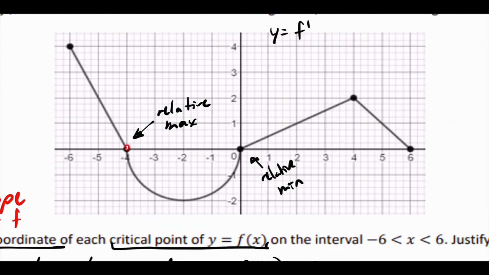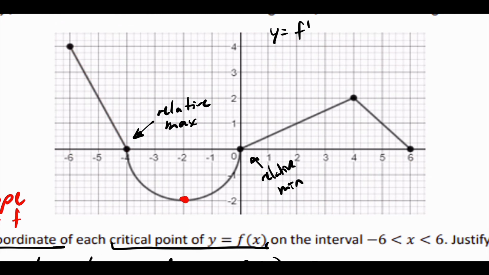Not -4. At -4 right here, the slope is 1, 2, 3, 4, -2. The slope of this guy is -2. When is the slope of this guy 0? -2 is definitely one spot.